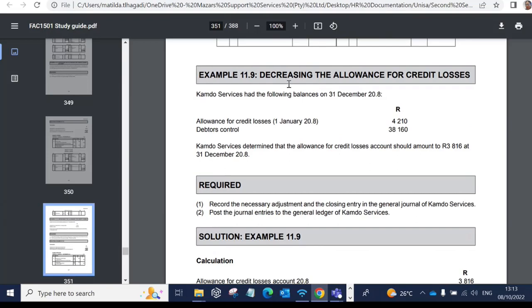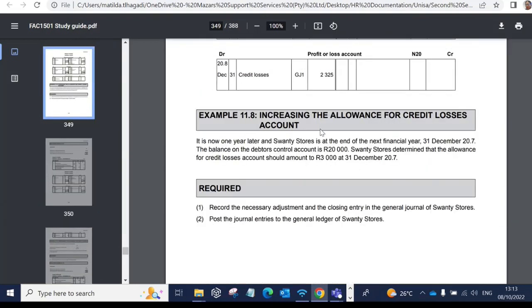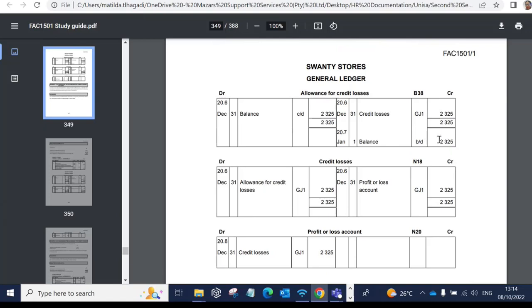I want to show you the next example, 11.8. 11.8 was increasing the allowance for credit losses. Do you understand why that was the increase? Because the allowance as at December 20.6 was 2,325.